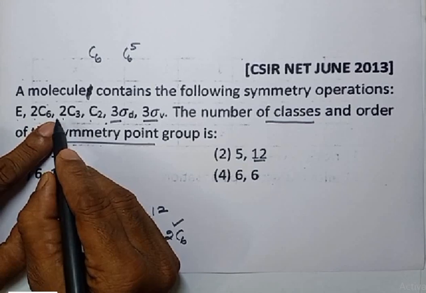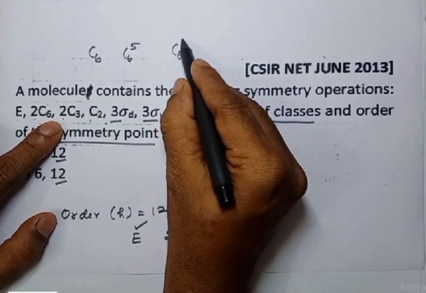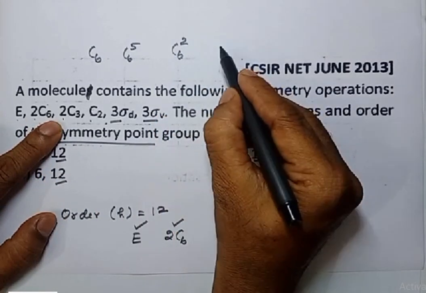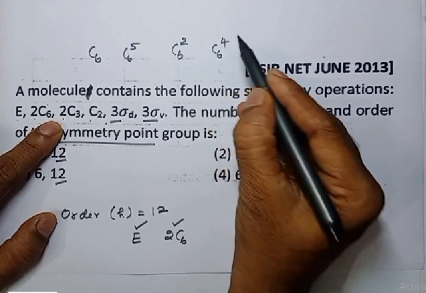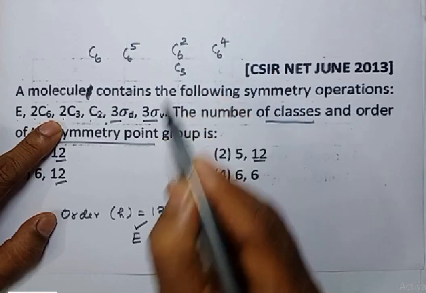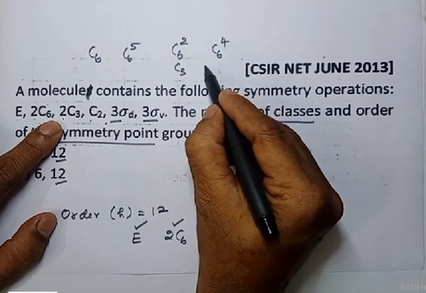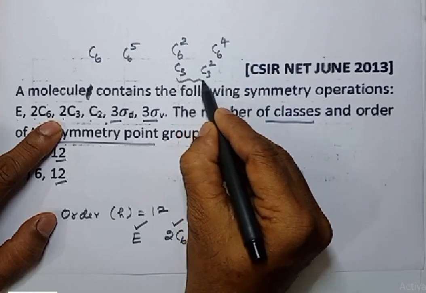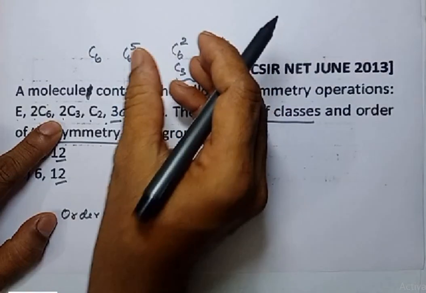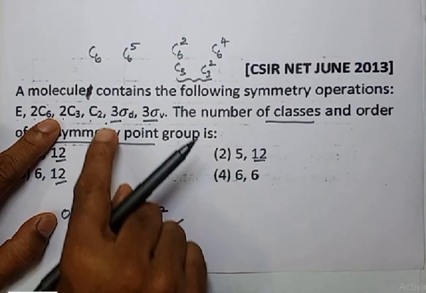Then listen, C6 power 2 and C6 power 4. C6 power 2 can be written as C3, and C6 power 4 as C3 square. C3 and C3 square form a separate class, which is written simply as 2C3.